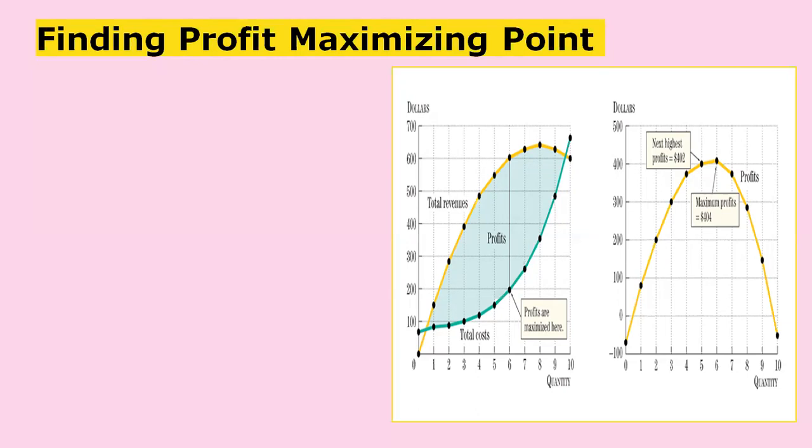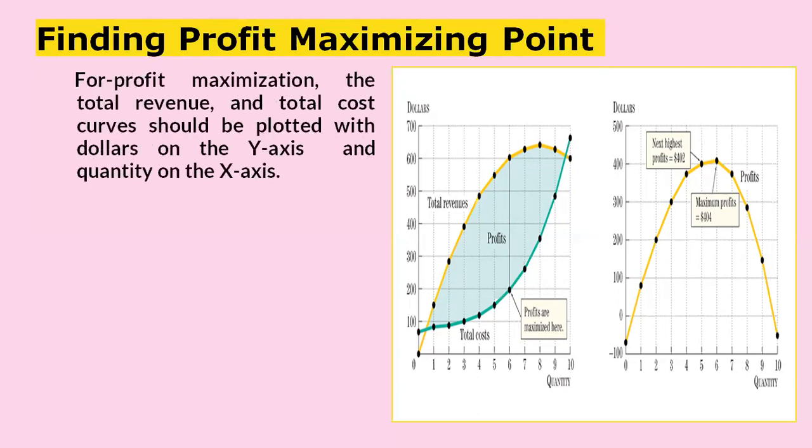Finding the profit maximizing point. For profit maximization, the total revenue and total cost curves should be plotted with dollars on the y-axis and quantity on the x-axis.